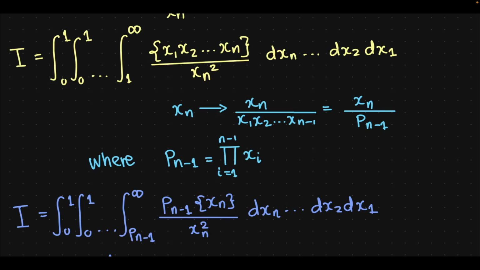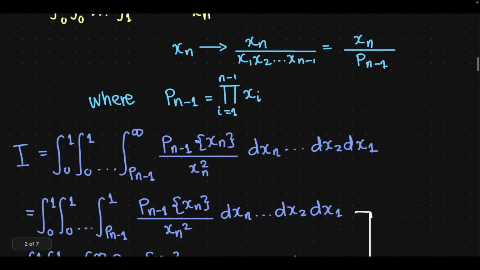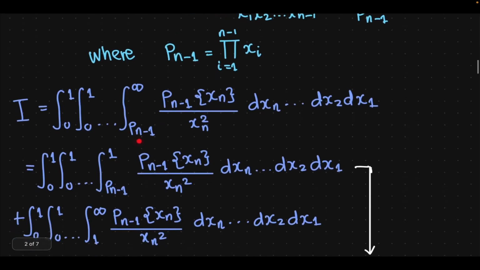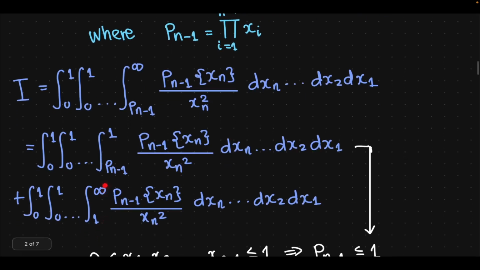Fractional part of xn divided by xn squared from before. Fair enough. Now we're going to do a very clever thing. We're going to split the interval of Pn minus 1 to infinity into Pn minus 1 to 1 and 1 to infinity. You will see why this helps us in a moment.